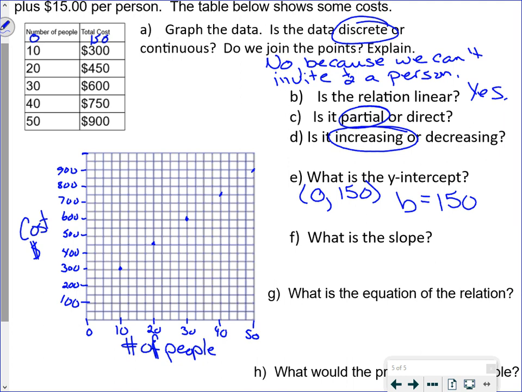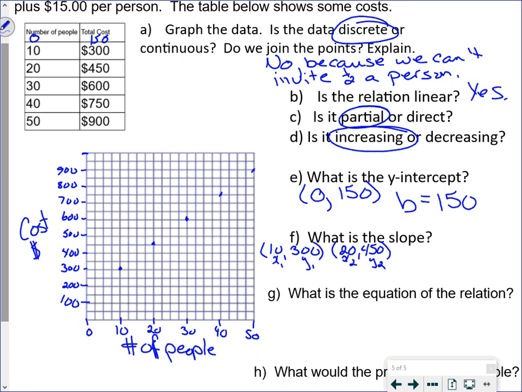What is the slope? I can calculate the slope using the slope formula. I'll take the points 10, 300, and 20, 450. Again, you can use any 2 points that are given to you. I'm going to label this x1, y1, x2, y2.